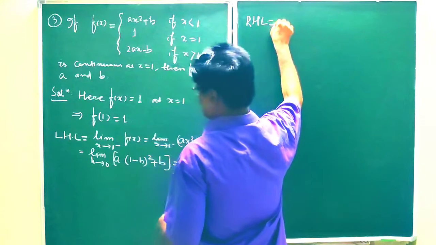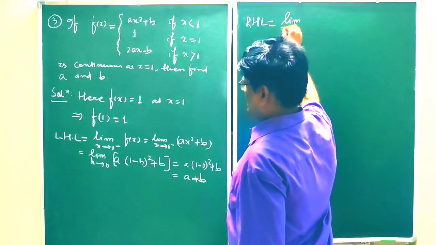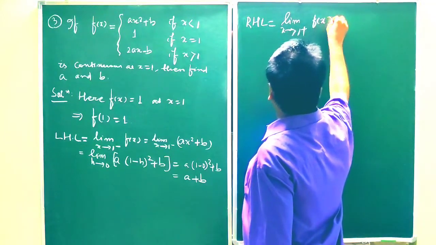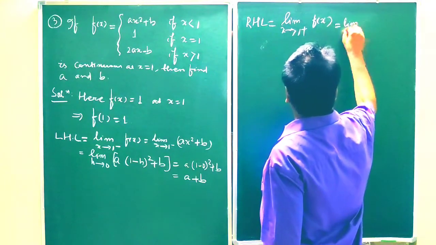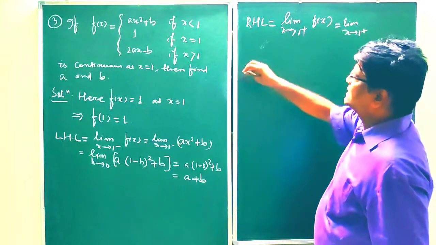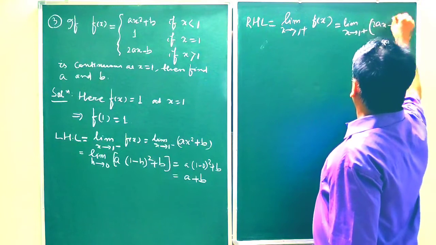Now the right hand limit, x tending to 1 plus, f of x. This is equal to the limit as x tends to 1 plus, meaning x greater than 1, so 2ax minus b.